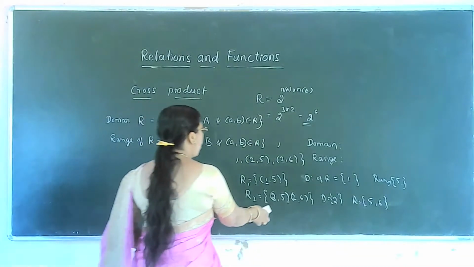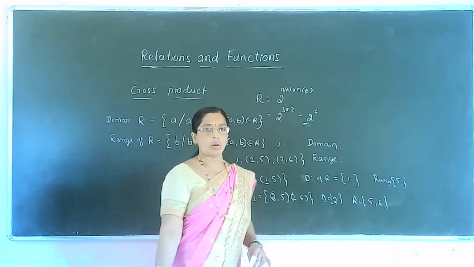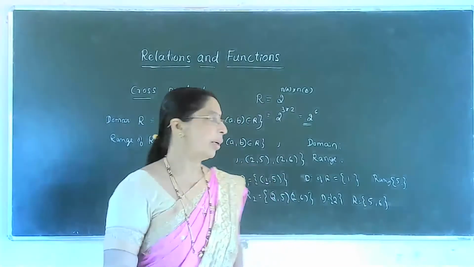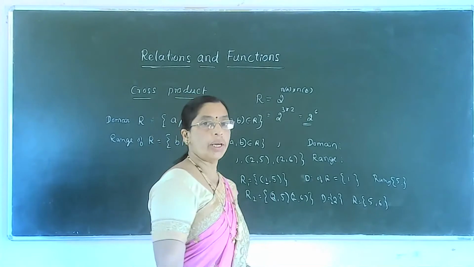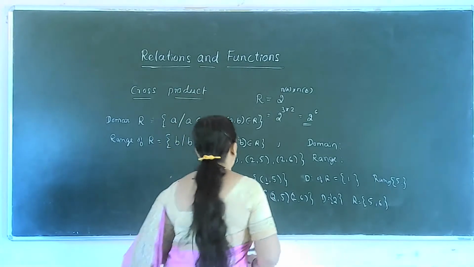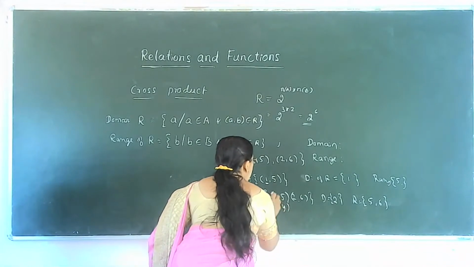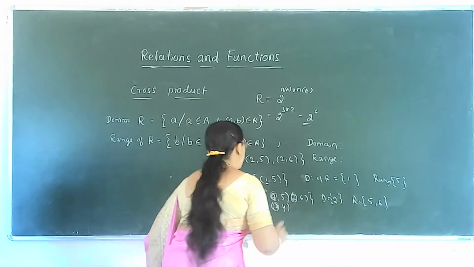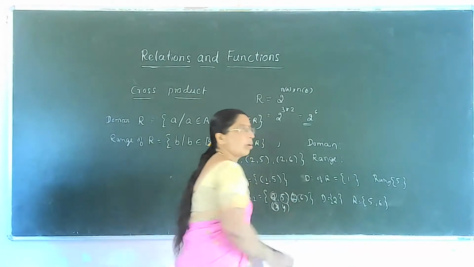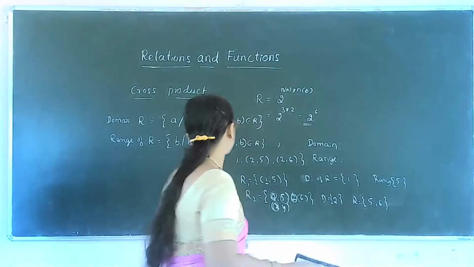First elements in the ordered pair of R are called domain, and the second elements are called range. Like that, in ordered pair (x,y), x elements are domain and y elements are called range.